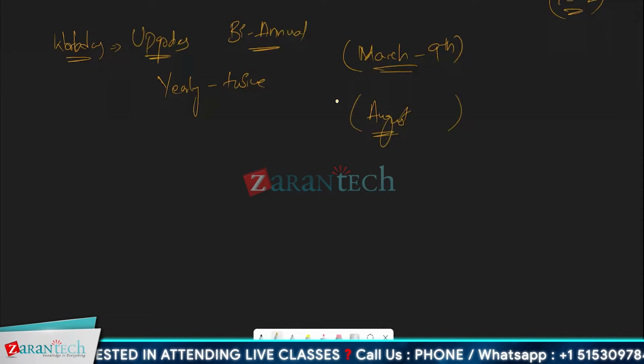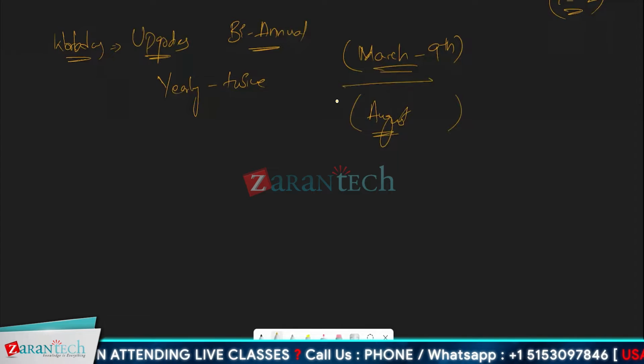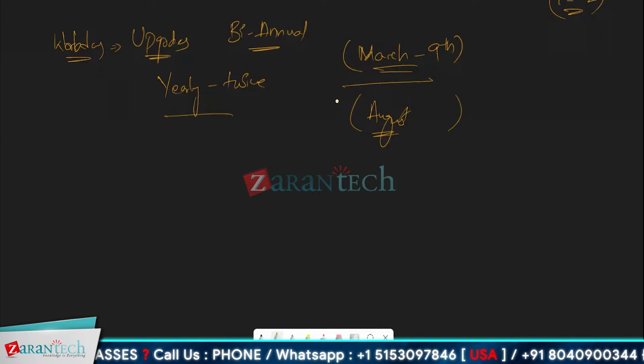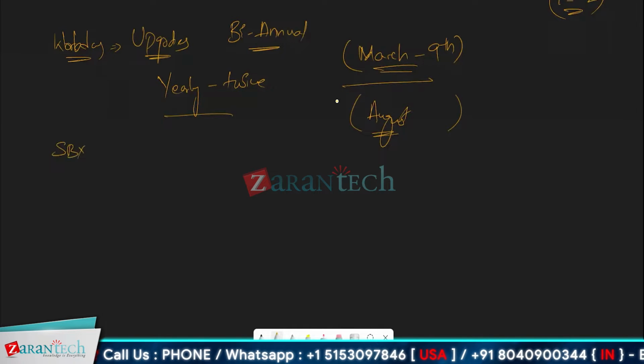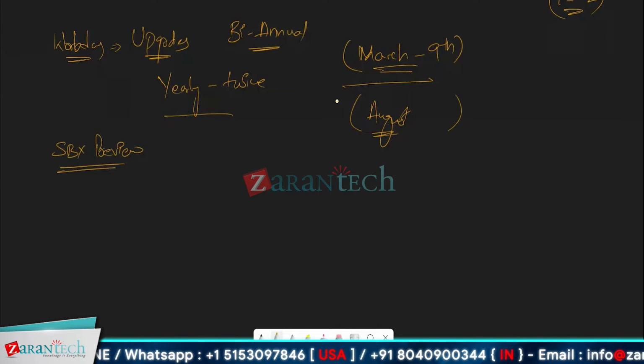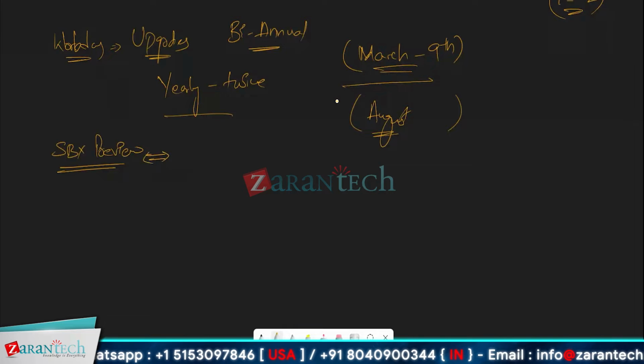During this release cycle, Workday will release these new features. Now, when they release them, they will not directly release these features into production. They will first release all these features into the Sandbox Preview tenant, meaning in the preview tenant, you will get all the latest features.